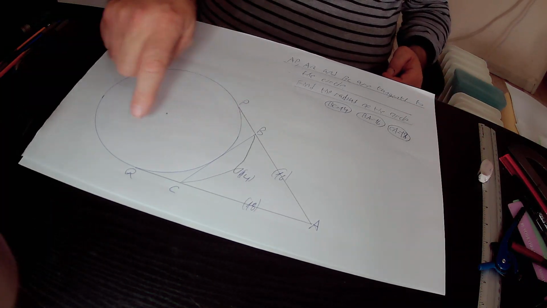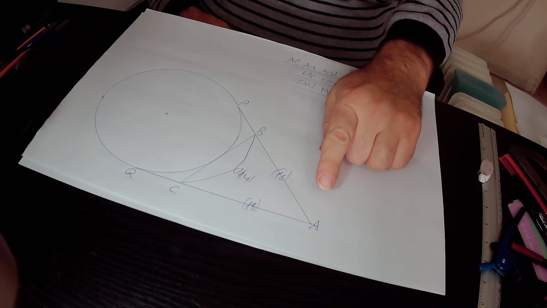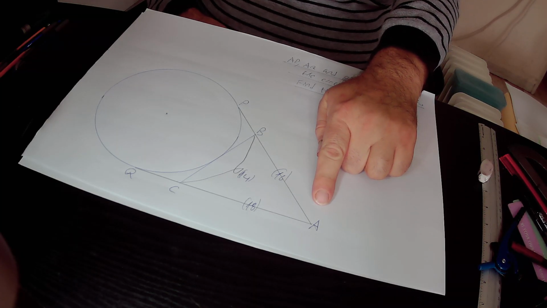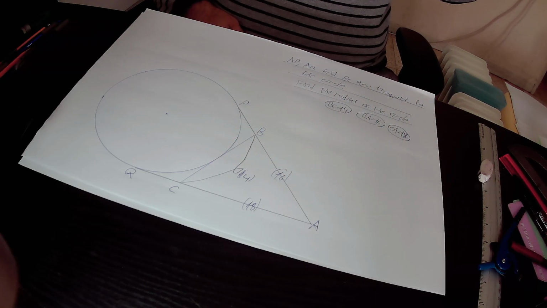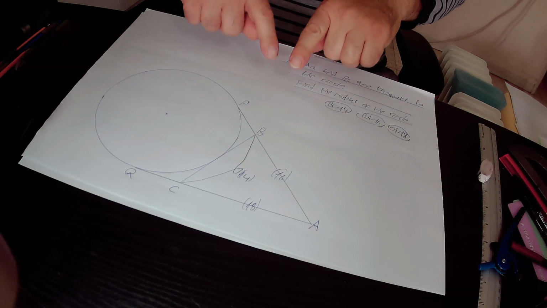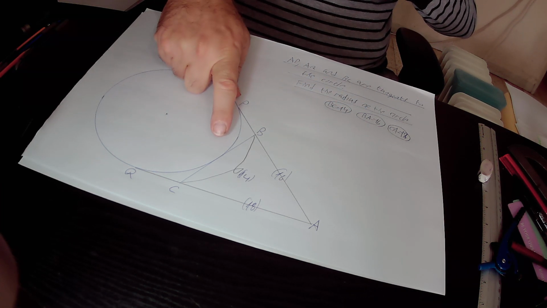In the drawing, we have a circle. From this common point A, we have 2 tangents to this circle, tangent AP and tangent AQ. We have also a third tangent. This is tangent BC. This is tangent to this circle at this point.